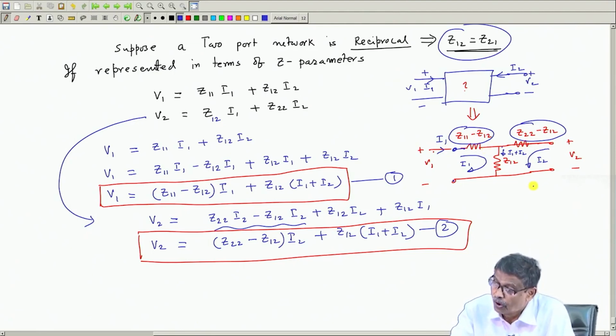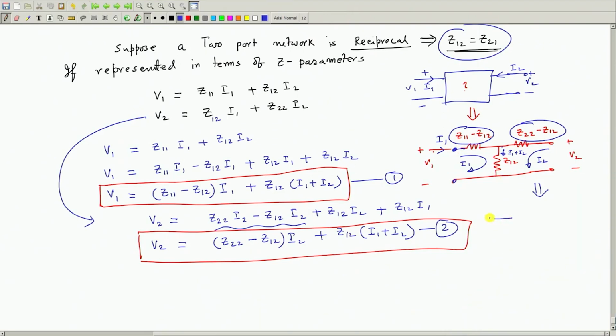If I wish, I can represent this star by some delta impedance, because I now know the parameter values here. So, I can also represent it by an equivalent.